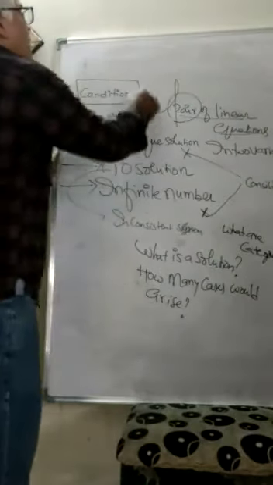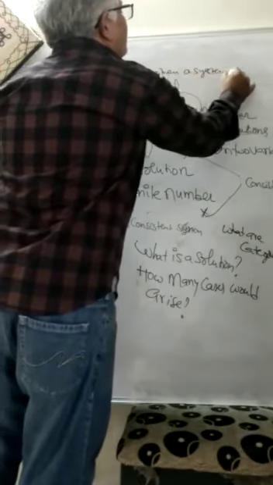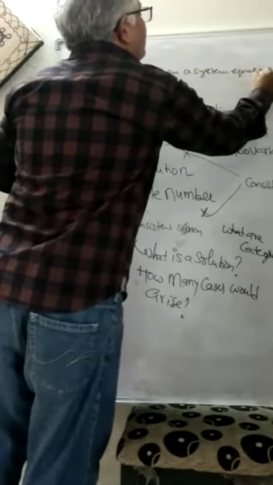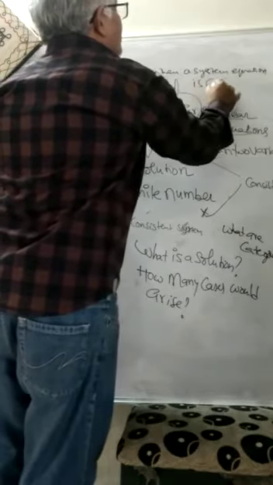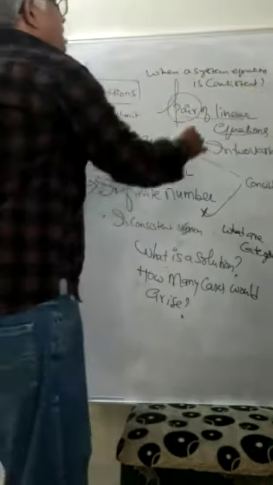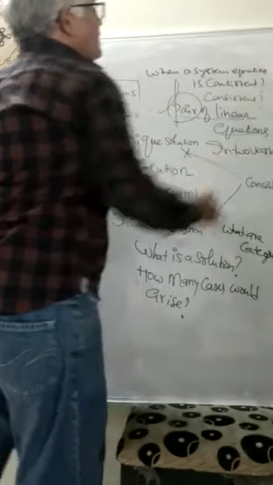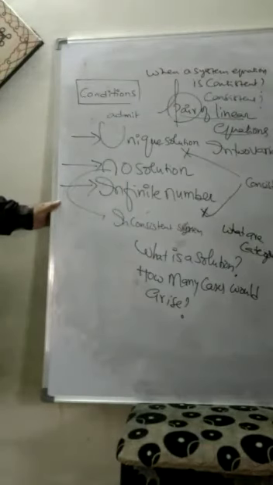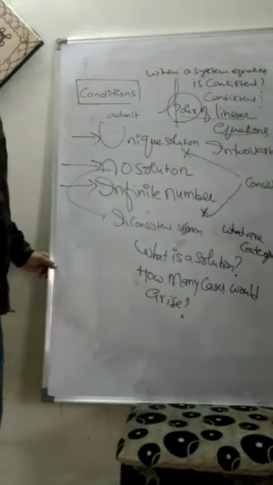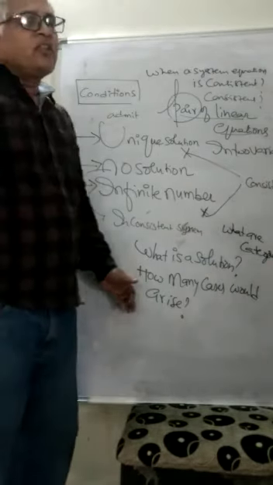What type of solutions will we get? When is a system of equations called consistent, and when is it called inconsistent? These are the questions whose answers are provided in this lesson. So go back and try to understand the answers for these questions.